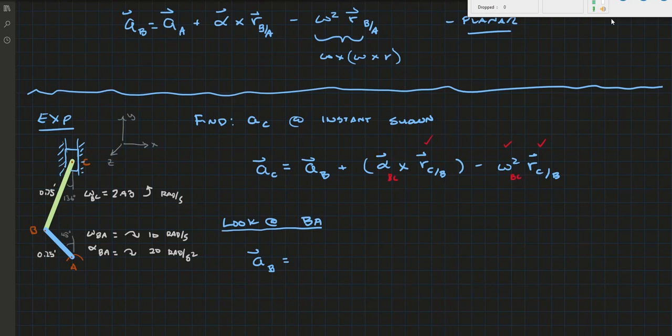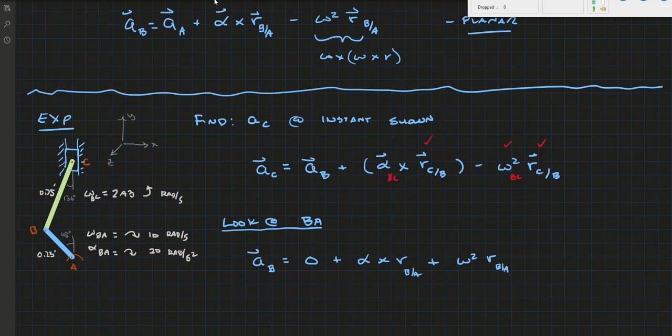It equals the acceleration of A, which is 0, plus alpha cross r plus omega squared cross r. And this r is going to be the r of B with respect to A.